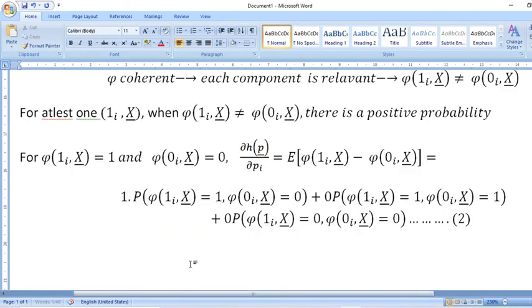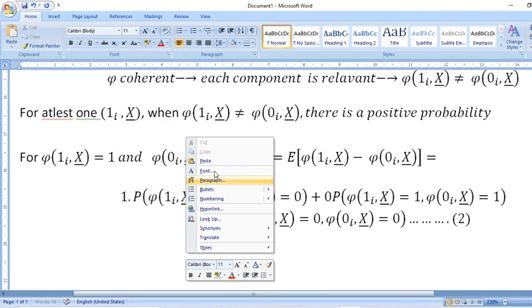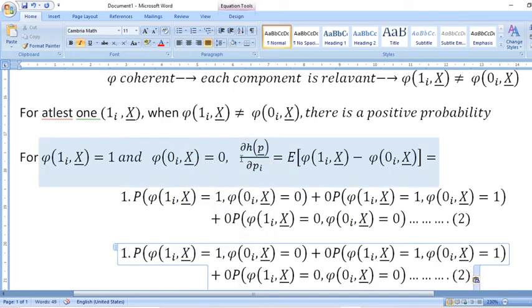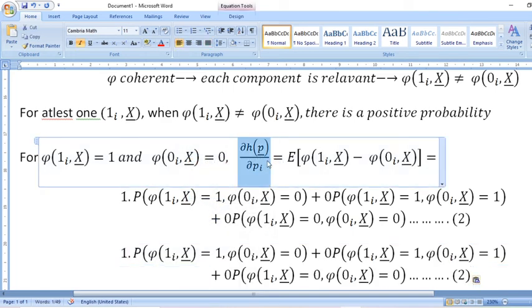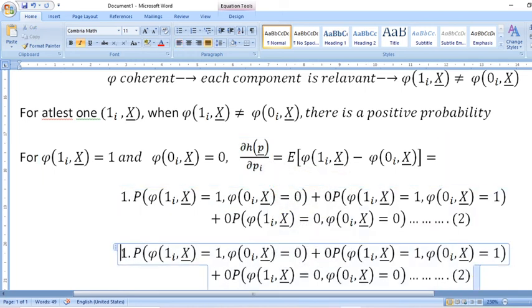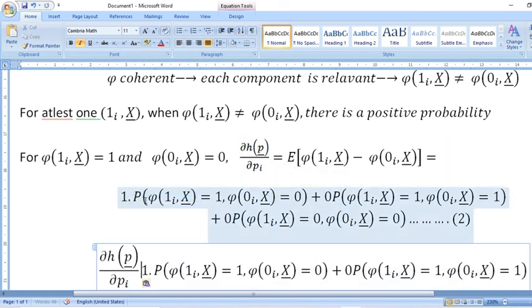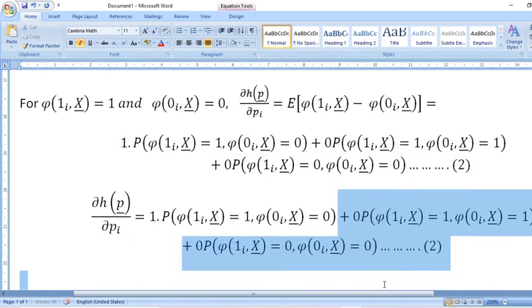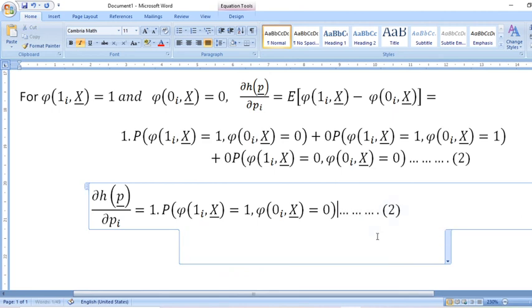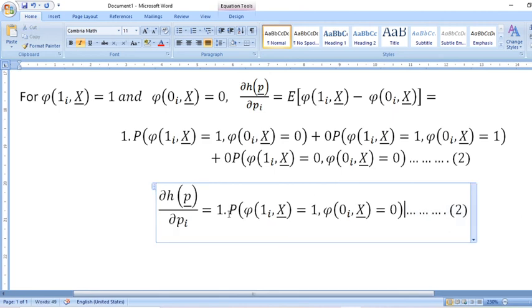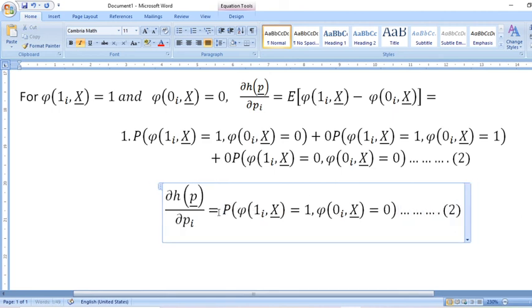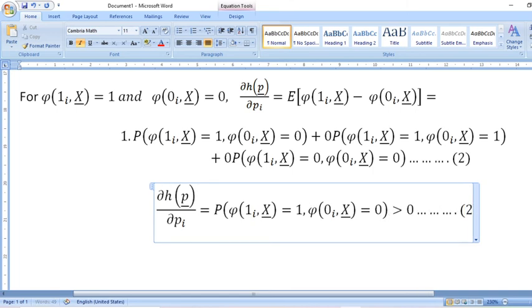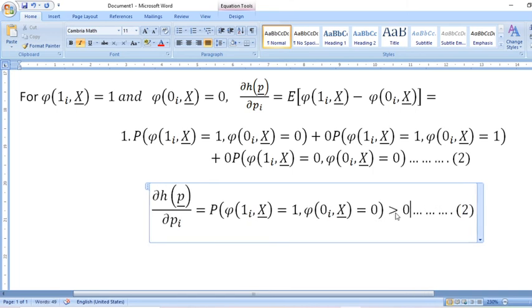What happens? This is actually dou h by dou p. Okay, so we can put that expression here also. We can remove all these things because that is 0. Okay, this is a positive probability.